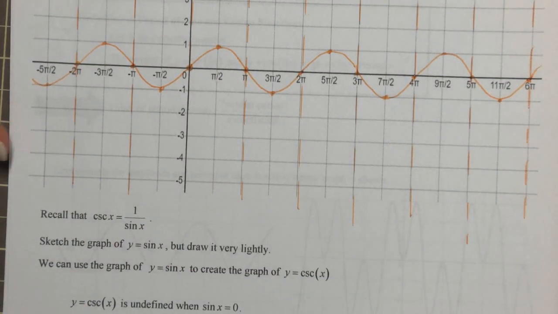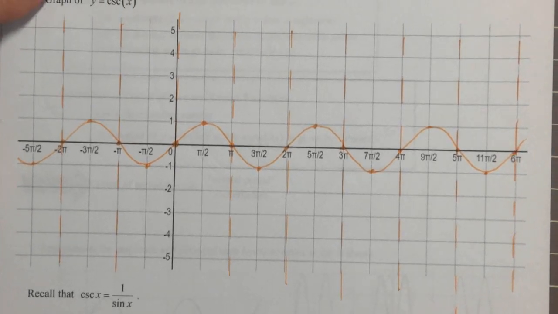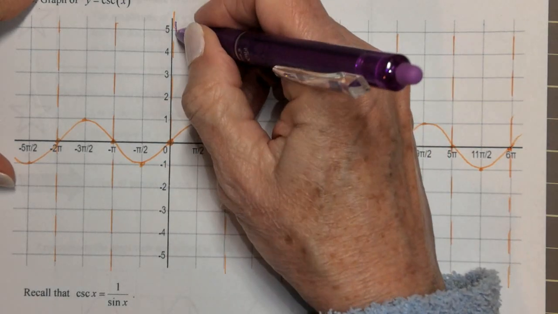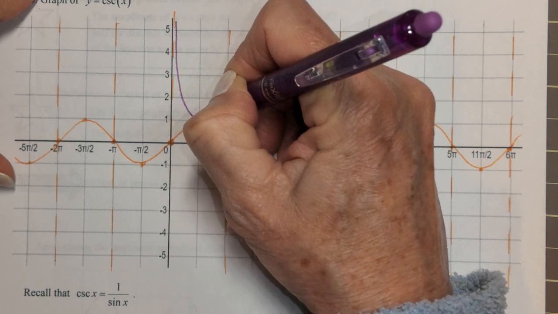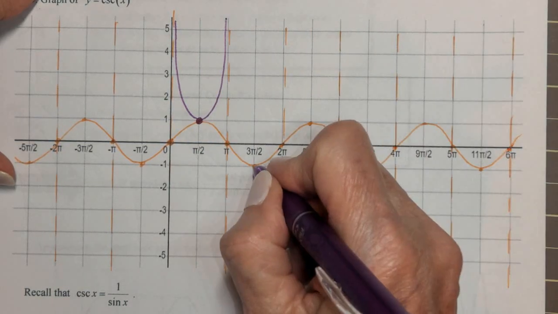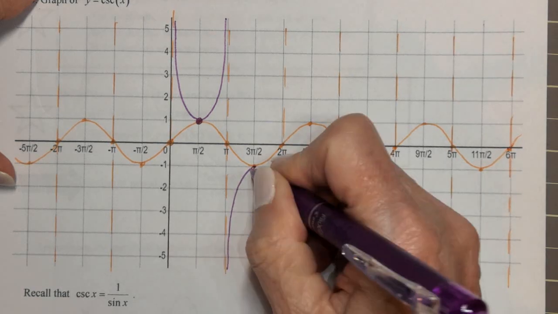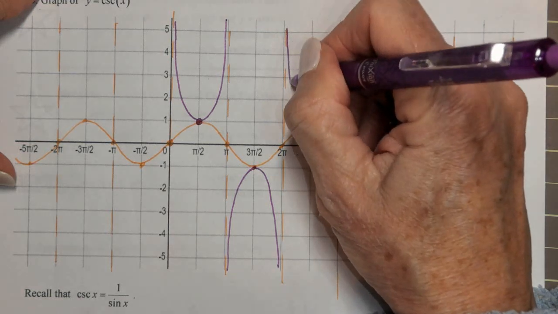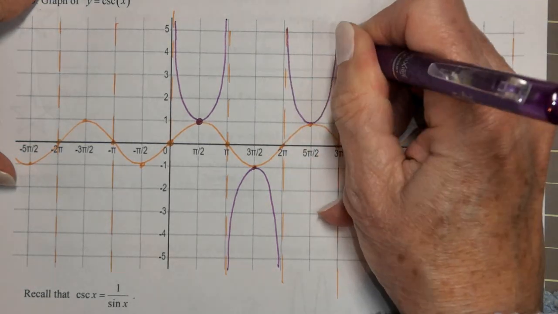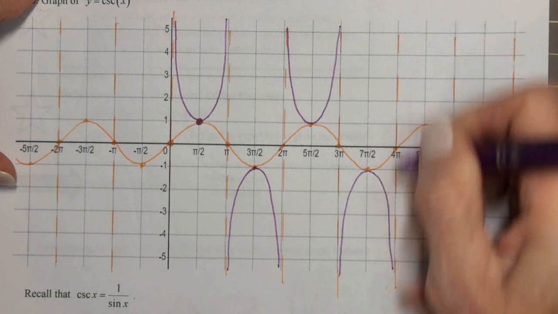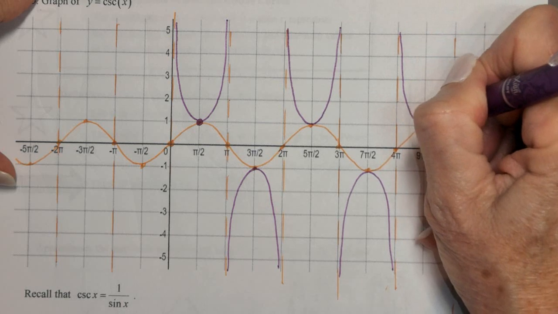Just like we did with secant, everywhere that sine is 1, cosecant will also be 1. So there's our first U of cosecant. Here's our second U of cosecant. For our third U, we're back to where we started up on top. And then down here, etc.